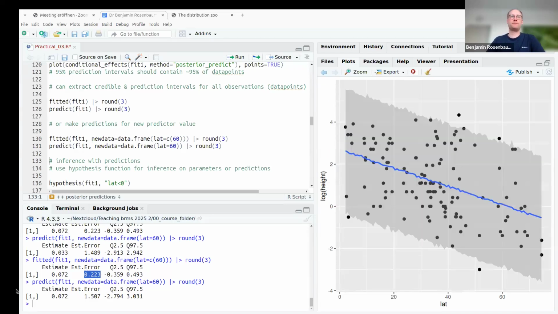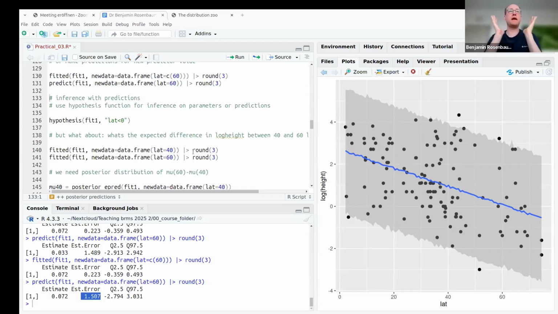And the other one, that's the predicted. It additionally includes the uncertainty of the residual. So the mean regression here is the same, or approximately the same, up to some digits. But the estimation error in this case, the uncertainty, is much higher.